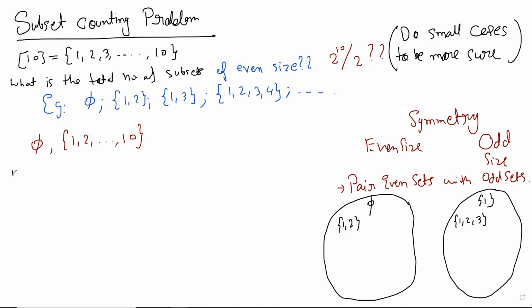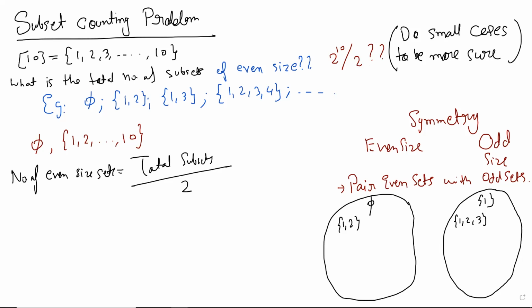So the number of even size sets is the total number of subsets divided by 2.